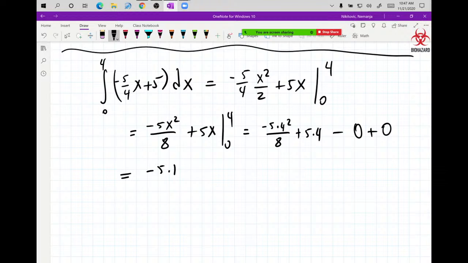Anyway, that's negative 5 times 16 over 8 plus 20, which is negative 10 plus 20, and we get 10. So here is your way to find area of the triangle given this calculation for the integral.